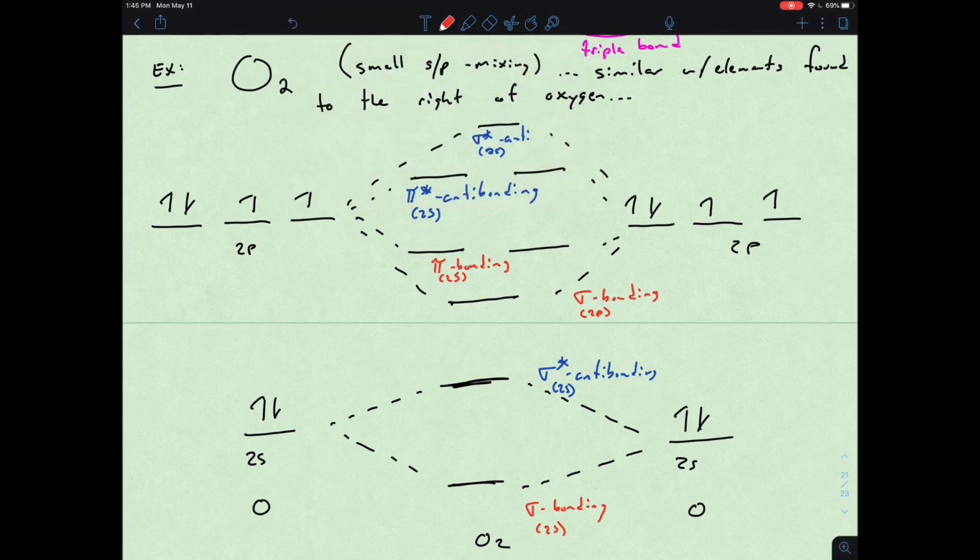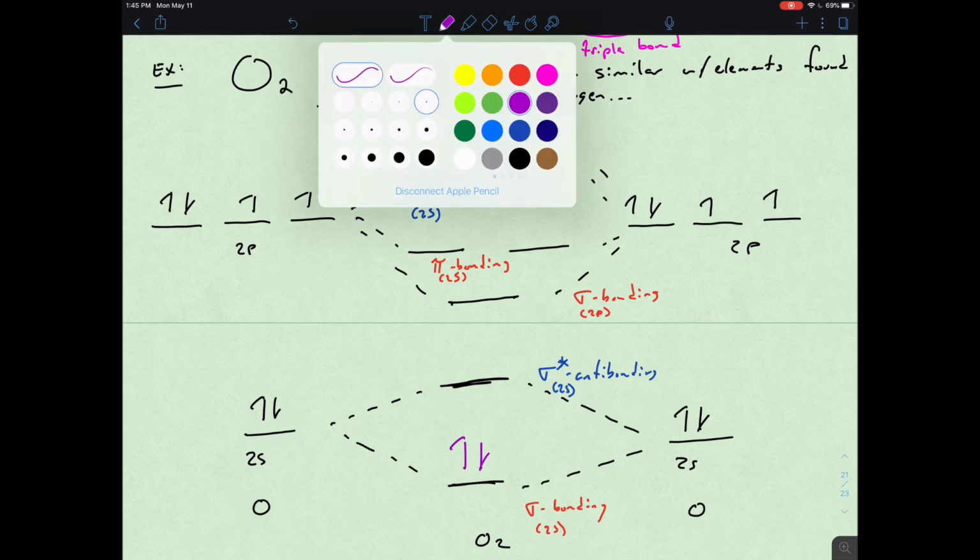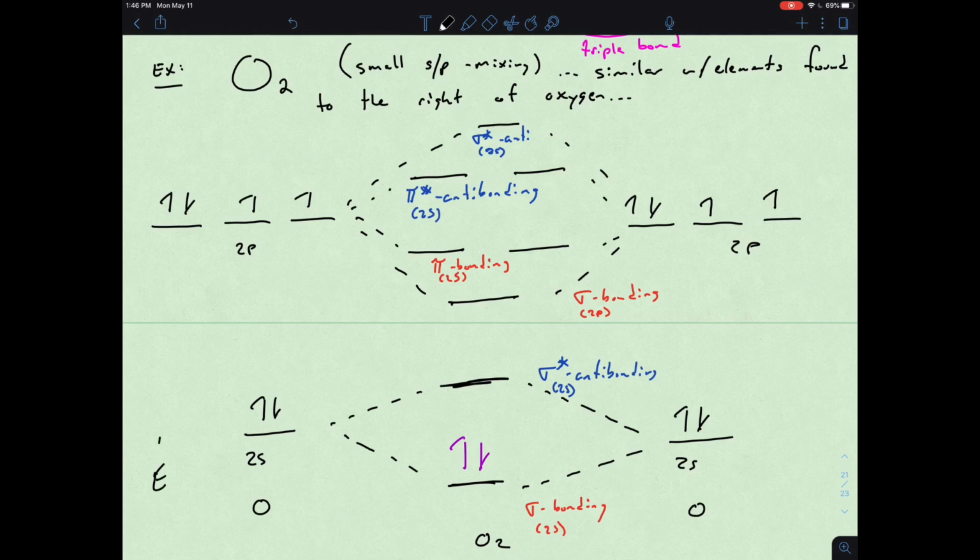And so now putting electrons in from bottom to top. Again, remember our energy relationship going from bottom to top. We would end up with 2 electrons in the sigma bonding and sigma star of the 2s, and then we have 8 more to actually deal with. So 1, 2, 3, 4, 5, 6, 7, and then 8.